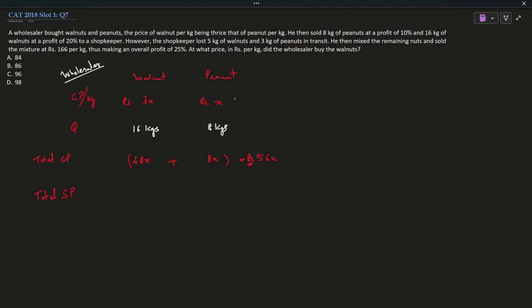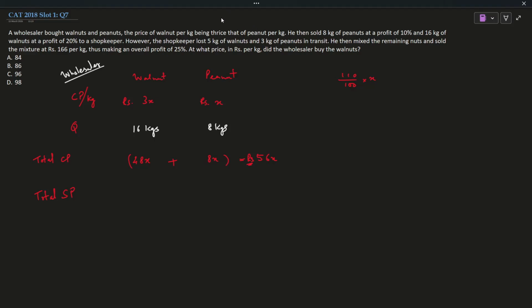He has sold the peanuts at 10% profit. So 10% profit means 110% of the cost price of peanuts, which is x, is the selling price.